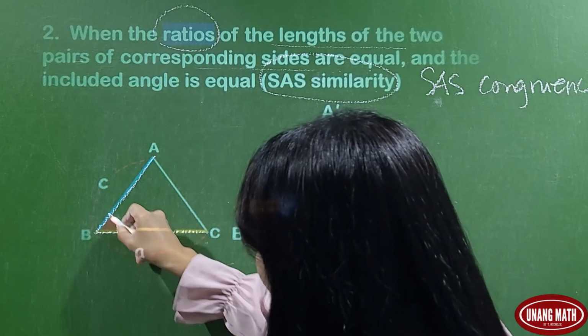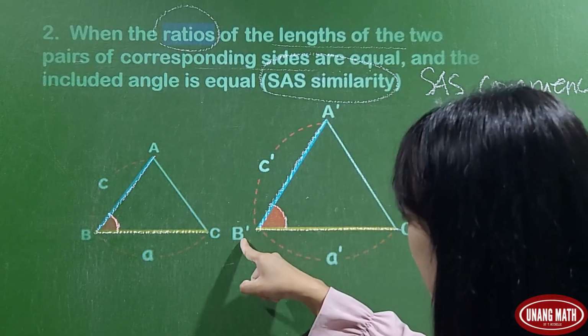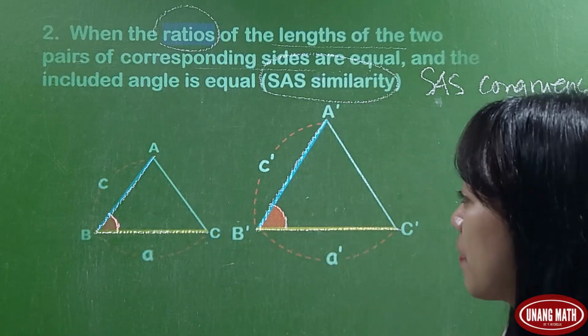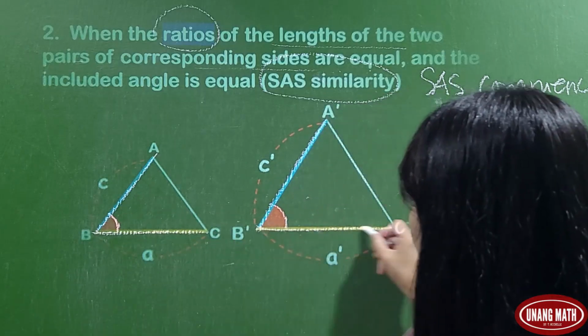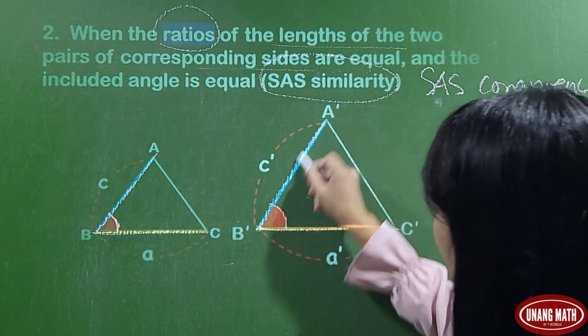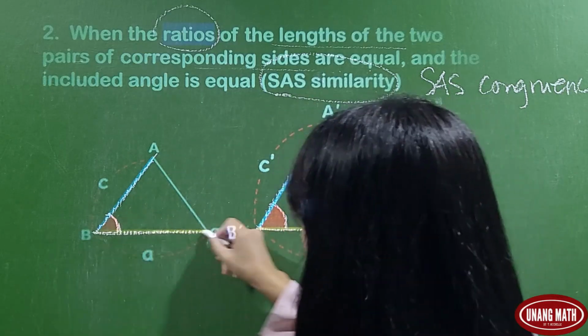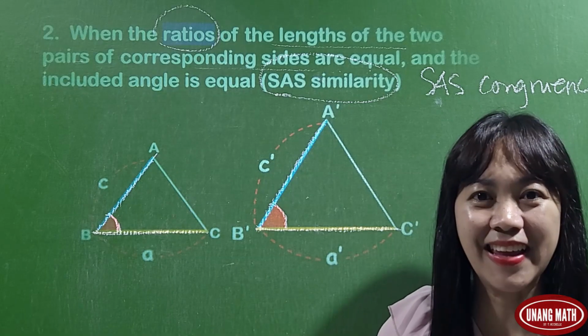And angle B corresponds to angle B prime in this triangle. These are equal in measures, equal in length. So side, angle, side. We have SAS similarity.